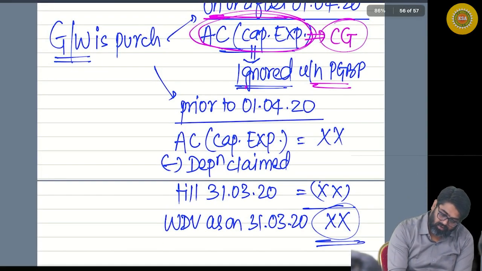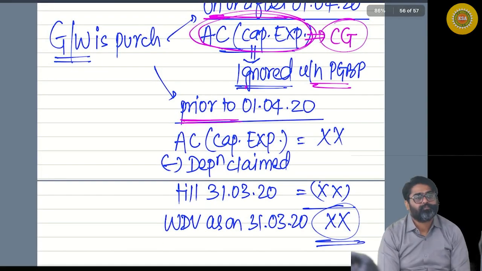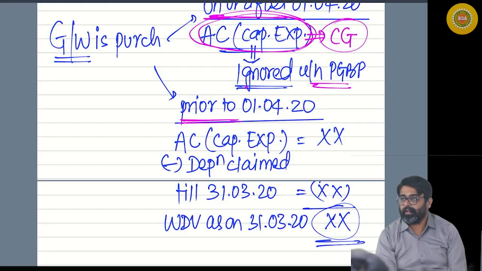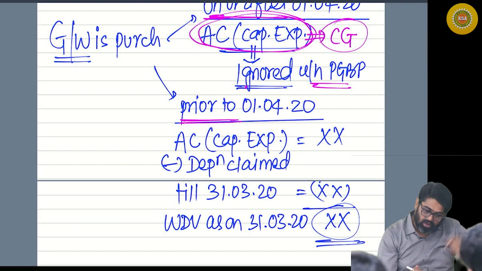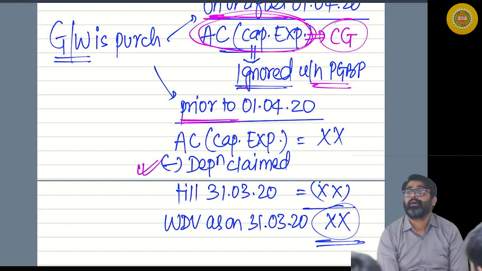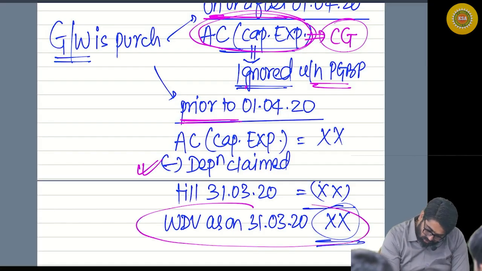Now, if it was acquired prior to 1st April 2020, then the cost definitely you would have taken under the head PGBP. Out of that cost, some cost you would have already taken as a deduction in the form of depreciation. Now, can I say this is the remaining cost?